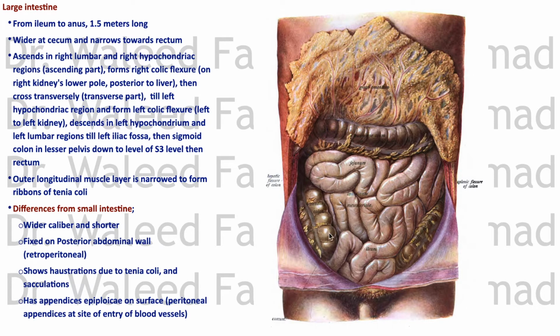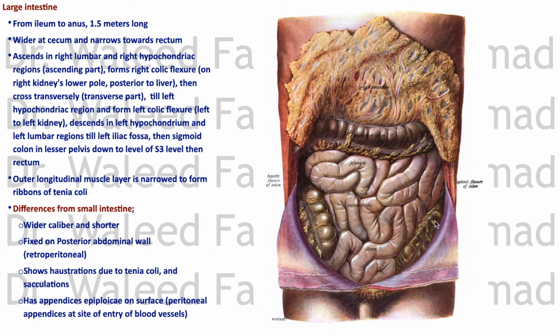Also, a major difference between the large intestine and the small intestine is the appendices epiploicae, which are peritoneal appendices full of fat and guard an opening through which the vessels penetrate the wall to supply the colon. And the appendices epiploicae increase in number as you go distally.